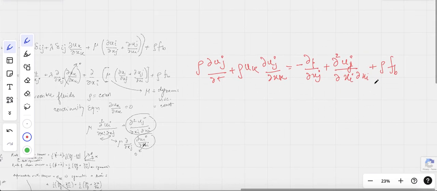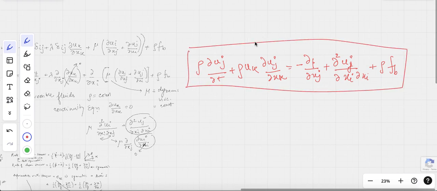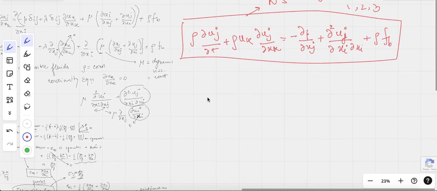This becomes the famous Navier-Stokes equation. Okay, this can be written for j as x, y, z, 1, 2, 3, right? So if we write it for Cartesian coordinates, here I have missed a mu term. Mu will be here.